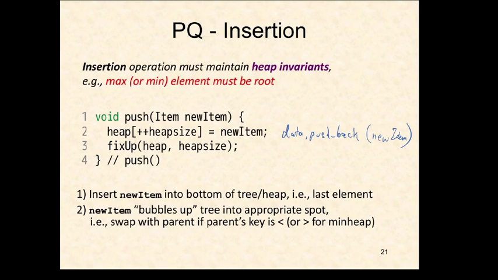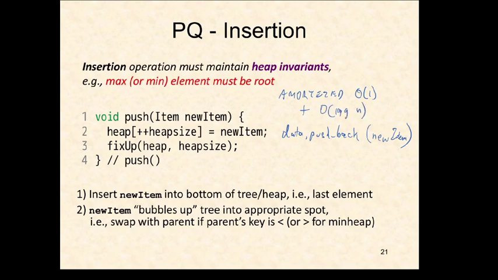We know the cost of step 2 is amortized O of 1. So we've got an amortized O of 1 for the vector push back, followed by the fix up, which we know is log n. So line 2 is amortized O of 1 plus O of log n for the fix up.